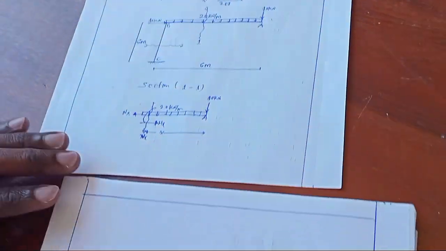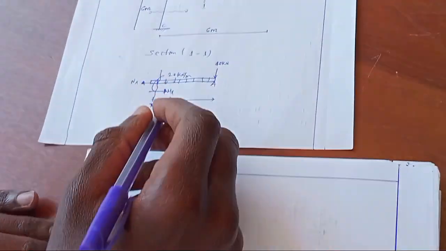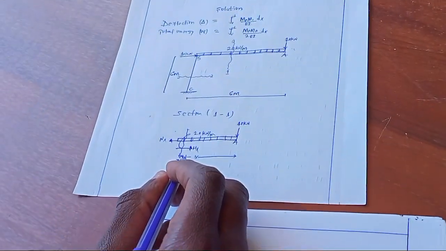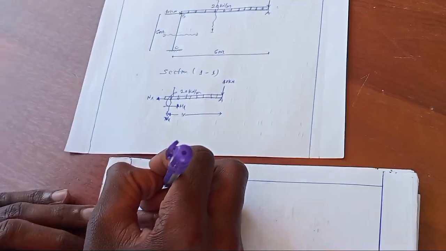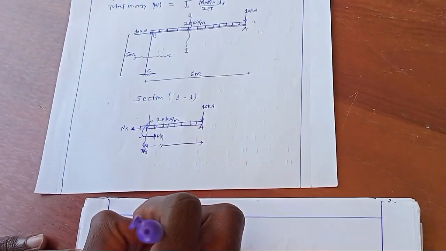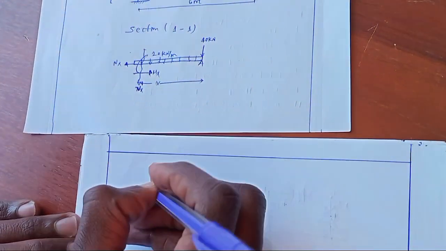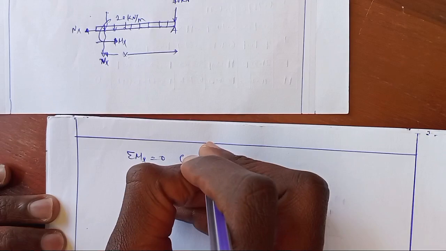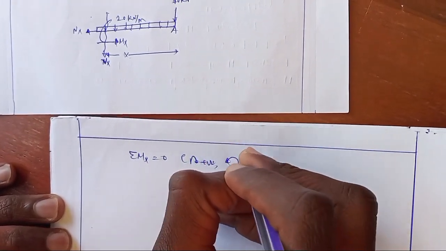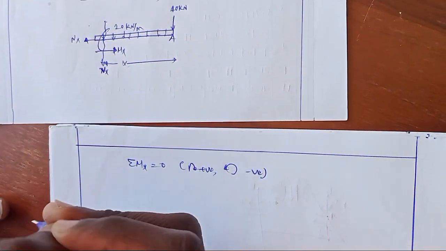Therefore, in order to obtain the moment at distance x, we take the summation of moment at x equal to 0. Always anti-clockwise direction will be positive and clockwise direction will be negative.